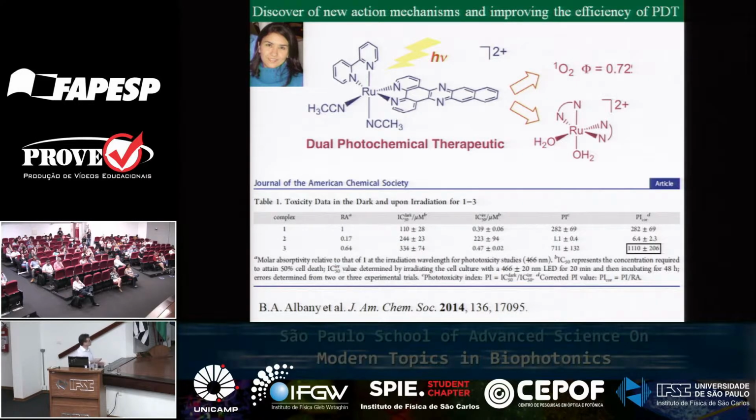And this was done by Cristiane Pavani. She's a professor now. So the thing is, for the molecule that does both, this is the efficiency regulated by dark and light, the ratio. So you see this is 1,000, so there is no unit here, compared to 280 for the dye that only makes singlet oxygen, compared to 6.4 for the one that does only chelation.